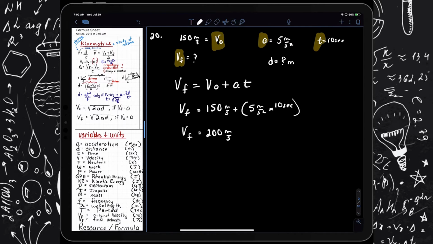All right. The second part is what you're going to have to do on your own. You have to figure out the distance. So we need to figure out a formula where you have distance, well, variables that you have currently. The ones that I've got up here on the screen, you have VO, you do now have VF, you have time, and then you have the distance.